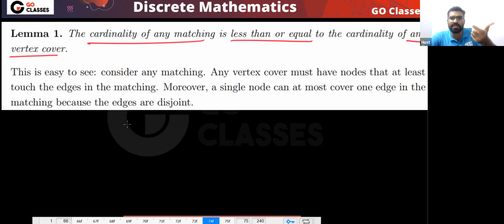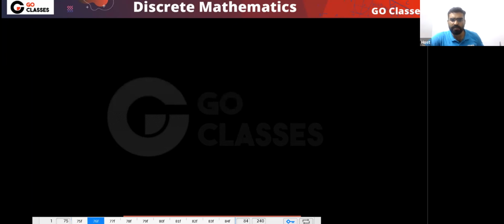So vertex cover size should be greater than or equal to matching size. Is this proof very clear? How many students have a very clear idea of this proof? Okay, clear.